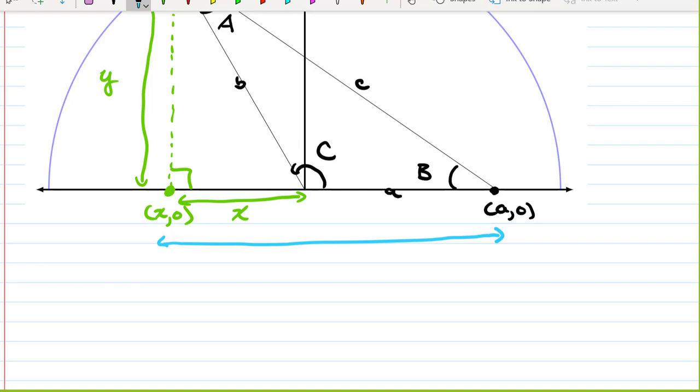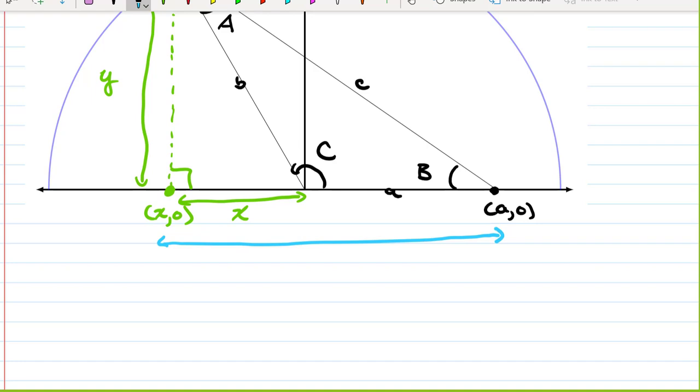So if we want to find the distance between two points, how do we do that? If I want to know how far the number 4 is from the number 7, I would subtract: 7 take away 4 gives me 3. What if one of those numbers is negative? How far is negative 2 from 7? That would be 7 minus negative 2, which gives us 9, which is also correct.